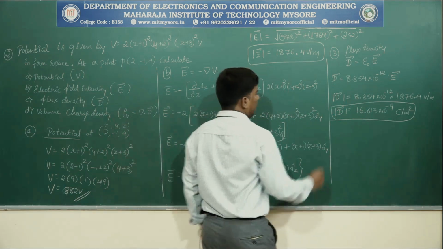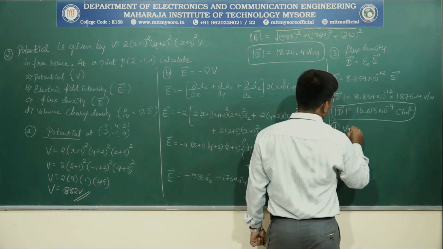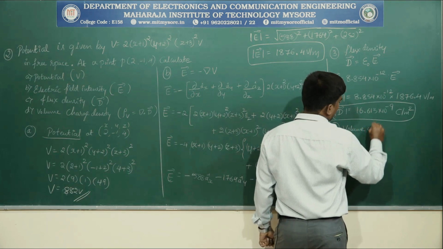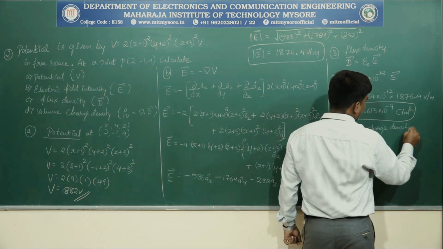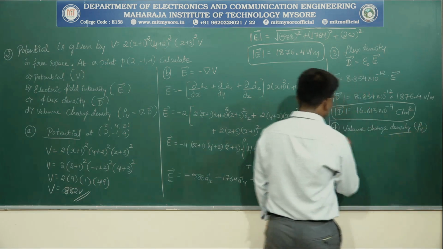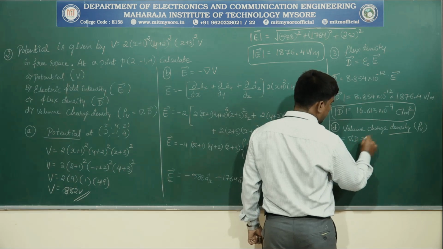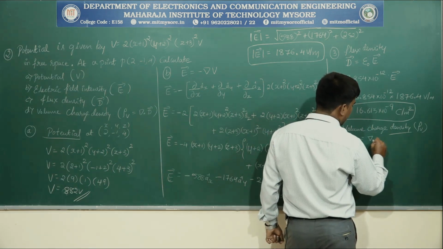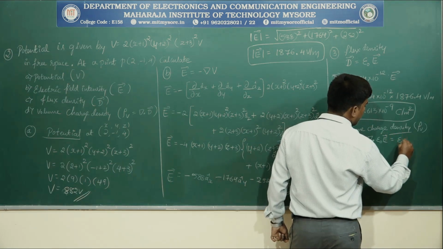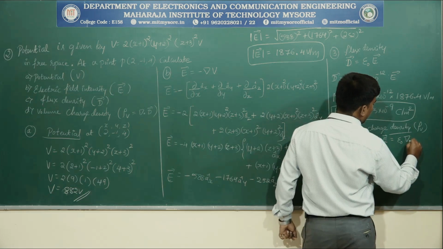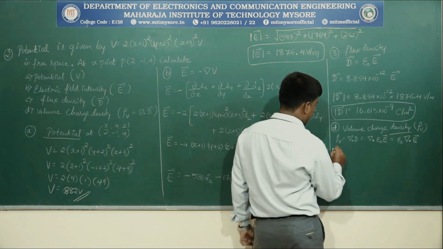The third part is over. Then the last one, that is volume charge density, rho v. See, rho v is equal to gradient dot D. This can be written as gradient dot epsilon naught into E. In other words, this can be written as epsilon naught into gradient dot E. Now substitute here.